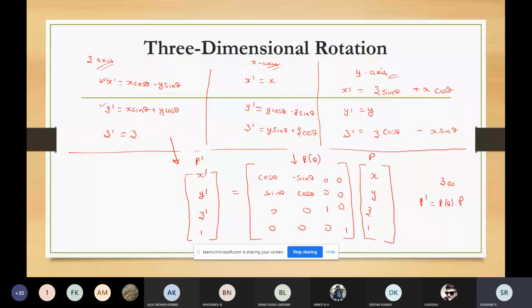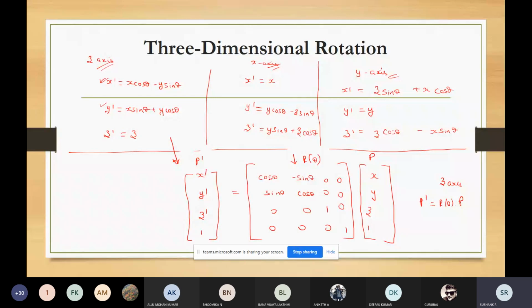The same way, you can check how the values will differ. One suggestion: here for x dash you're writing cos theta minus sin theta, and for y dash sin theta cos theta. So you try how you can write it for along the x-axis and along the y-axis. Along the y-axis and z-axis, y and z should be there.